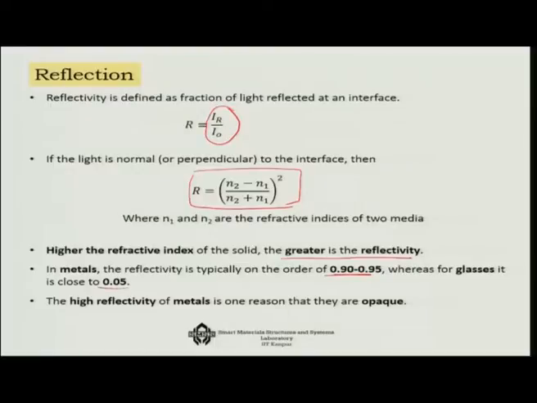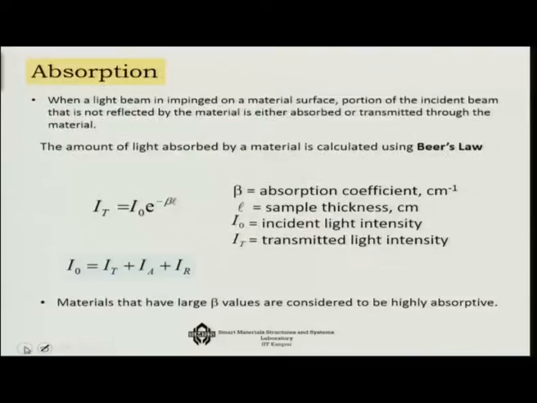It is about 0.05. So, what it means is that the refractive index is very high in the metals, and as a result you get a very high reflectivity in the metals, whereas for glasses it is just the reverse. High reflectivity of the metals is also one of the reasons that they are opaque. Anyway, we have explained the fundamental reasons to you.